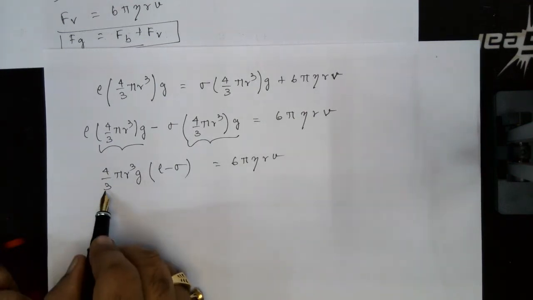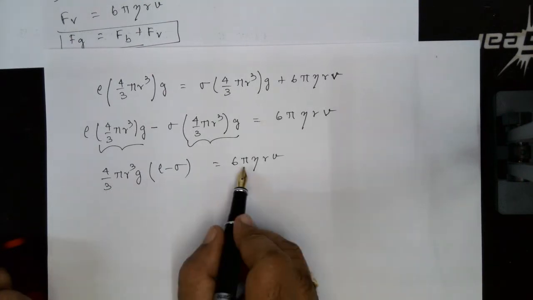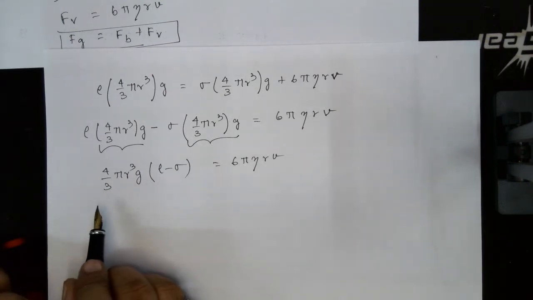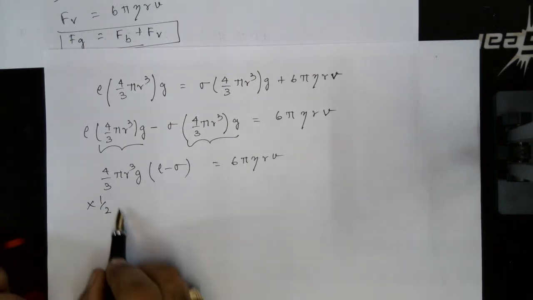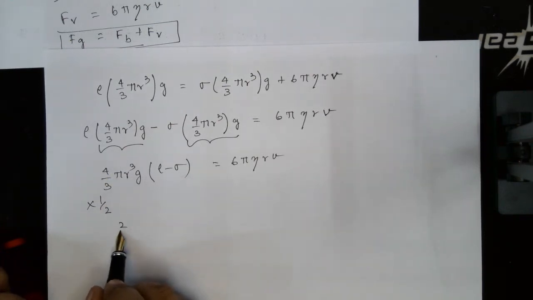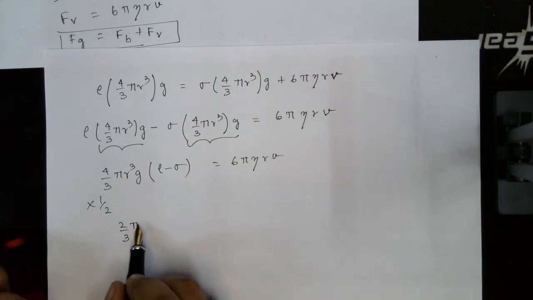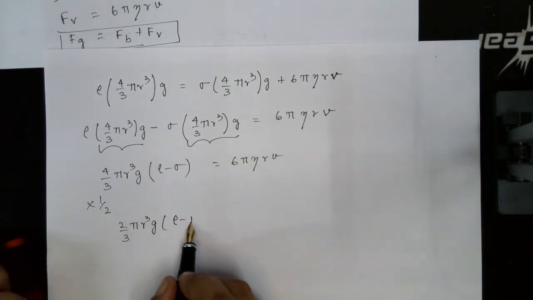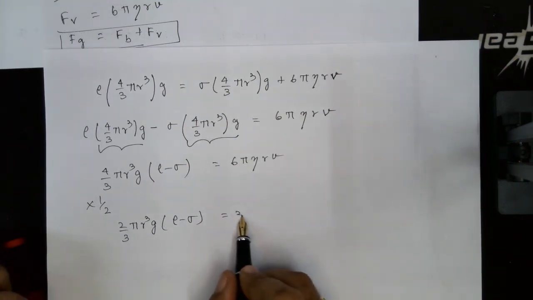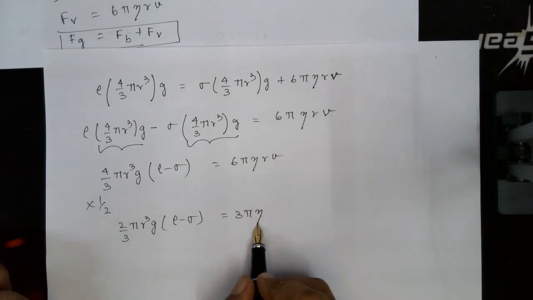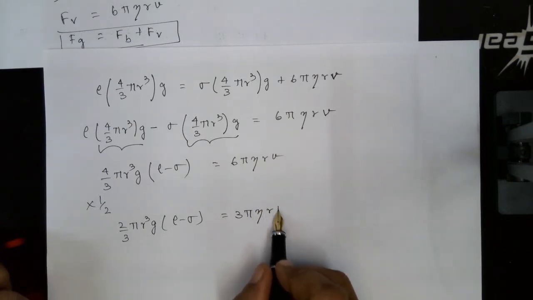Now we can divide by 2 so that we can reduce this. Multiply by 1 by 2, so 2 2s are 4, it becomes 2 by 3 pi r cube into g into rho minus sigma, which is equal to 3 pi eta r into v.